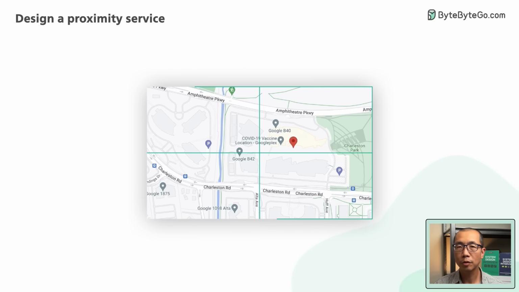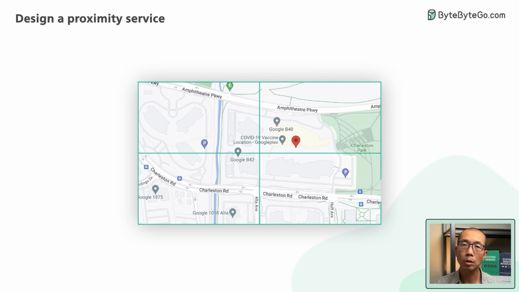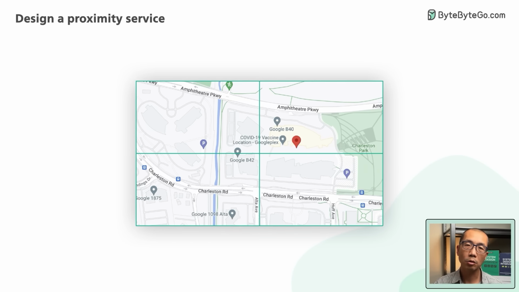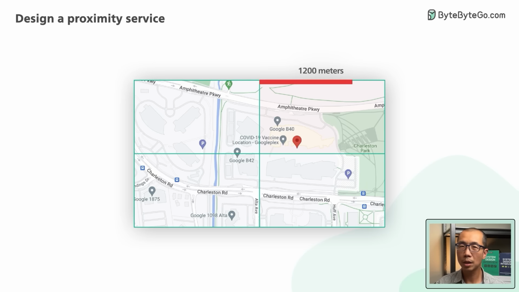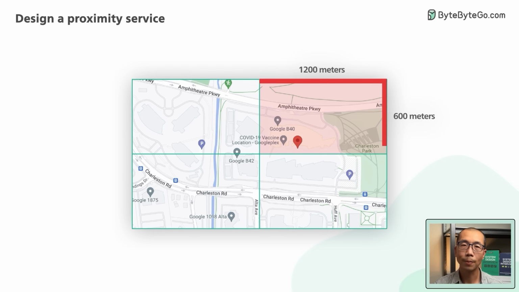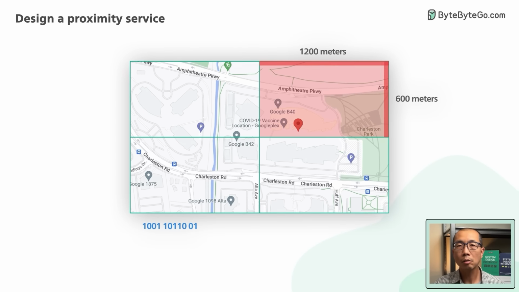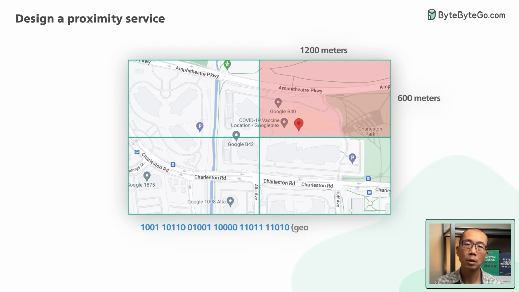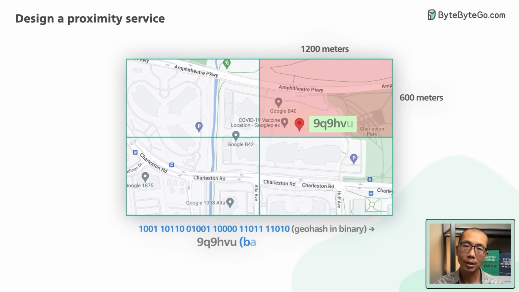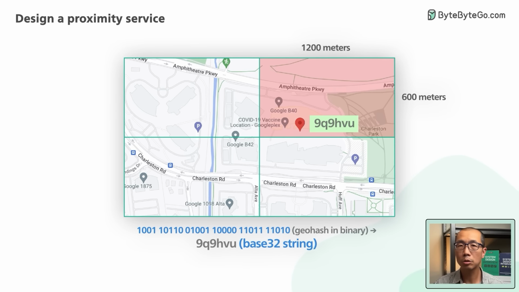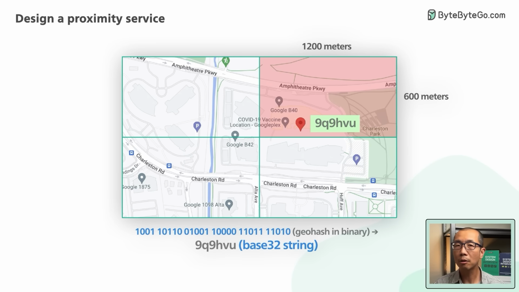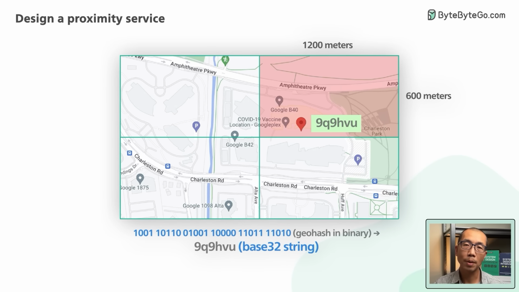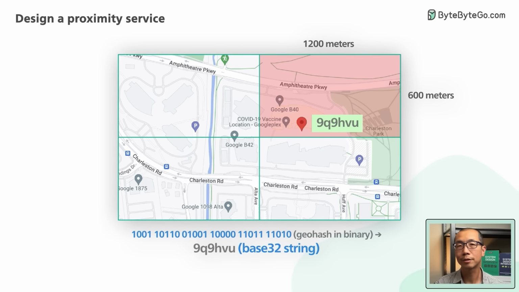Here is an example for the grid that contains the Google headquarters. In this case, the grid size is 1200 meters by 600 meters. Instead of using a long series of ones and zeros to represent a geohash, it is encoded as a base 32 string. Here, that long binary number is converted to a base 32 string with 6 letters.